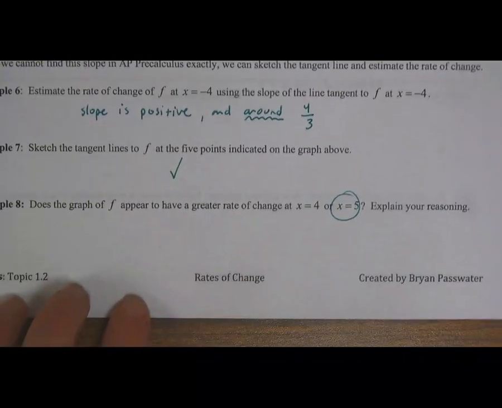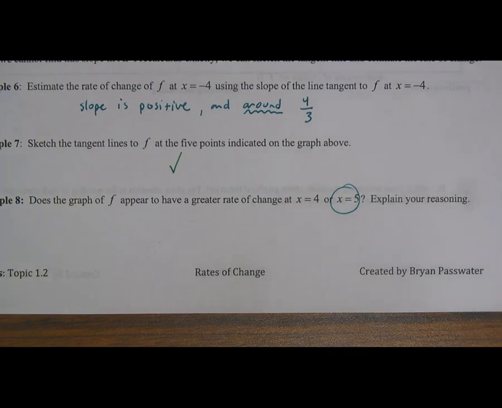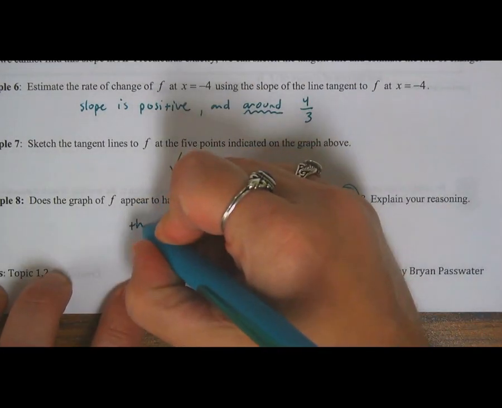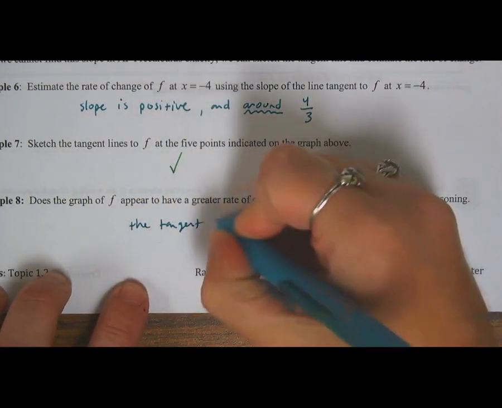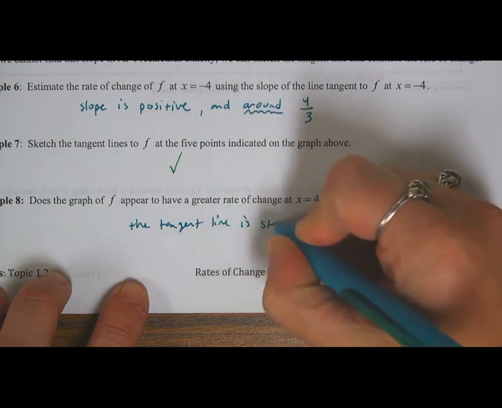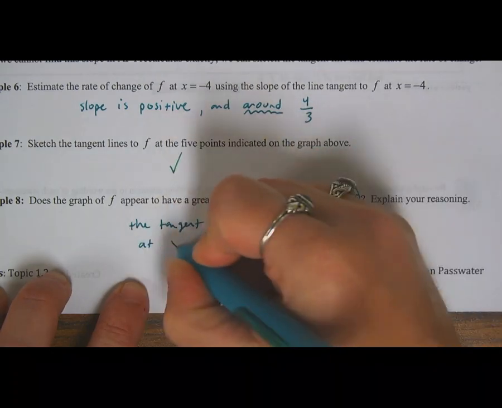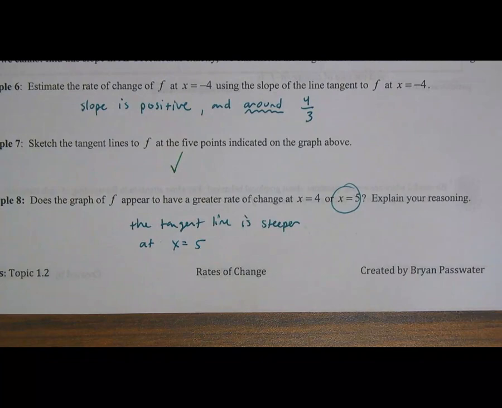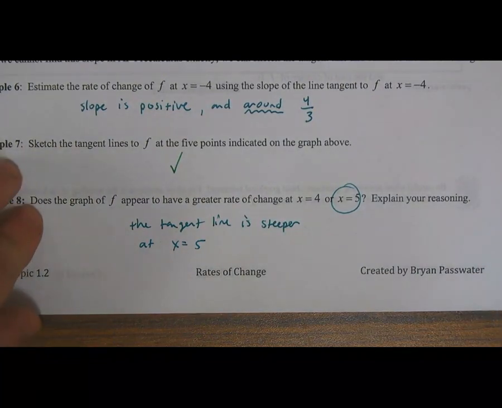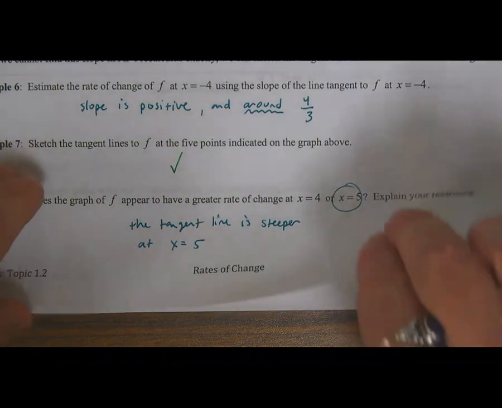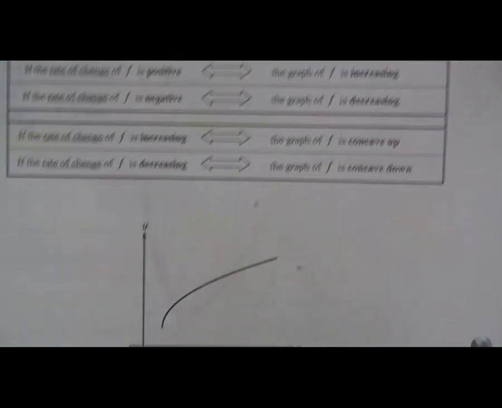And on the explain part, you can just put it's steeper. The tangent line is steeper at x equals 5. So we've really got some new concepts for our brain, and it's about to get even more challenging. Turn the page.